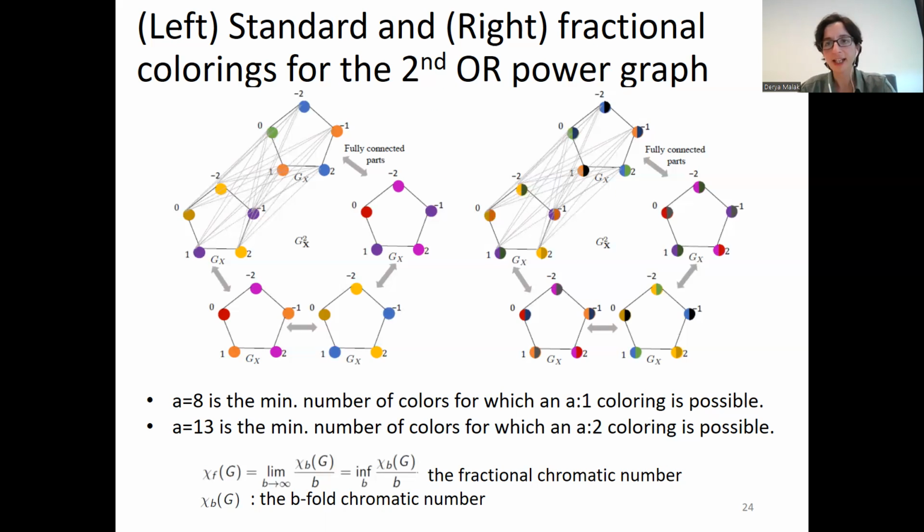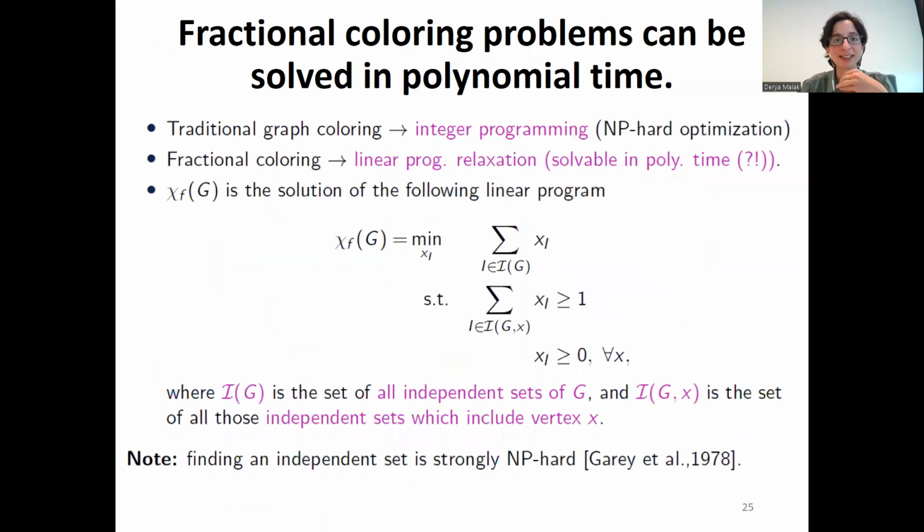And there is a very nice theory behind these fractional graph theory arguments. I have been recently reading a lot. And if I find the reference, I will point it out. There is an easy way to determine the fractional chromatic number as a solution of a linear program. This linear program is over the independent sets of the graph.